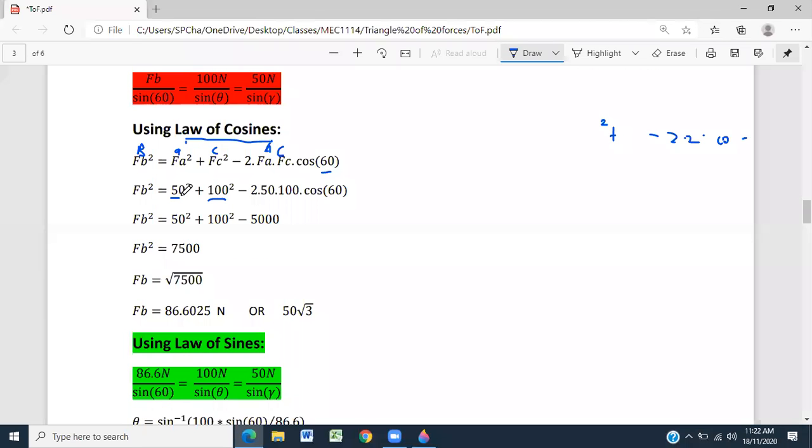Use the cosine rule. Fb squared is equal to 50 squared plus 100 squared minus 2 times 50 times 100 times the cosine of 60. The cosine of 60 is a half. 2 times 50 is 100.